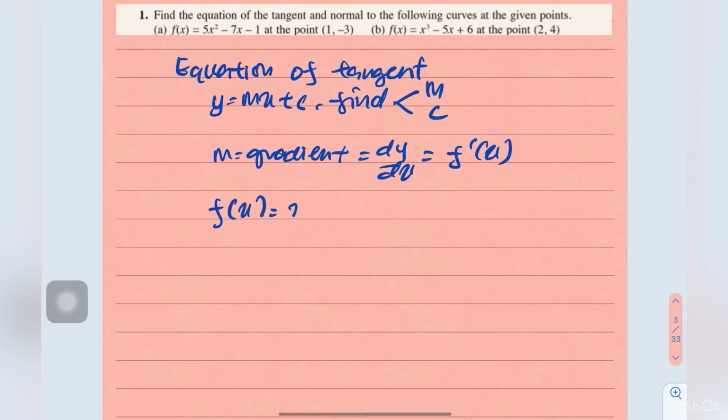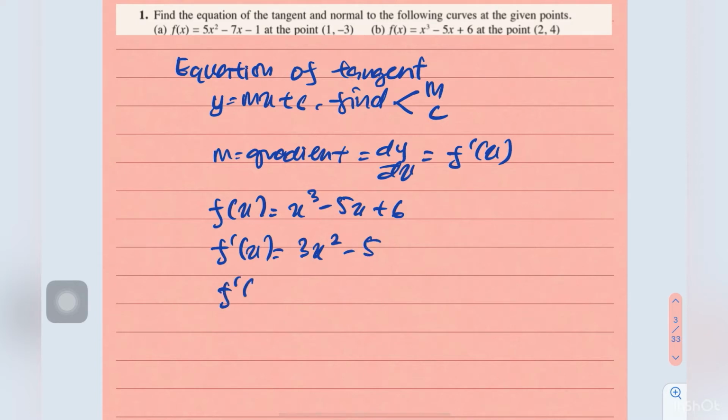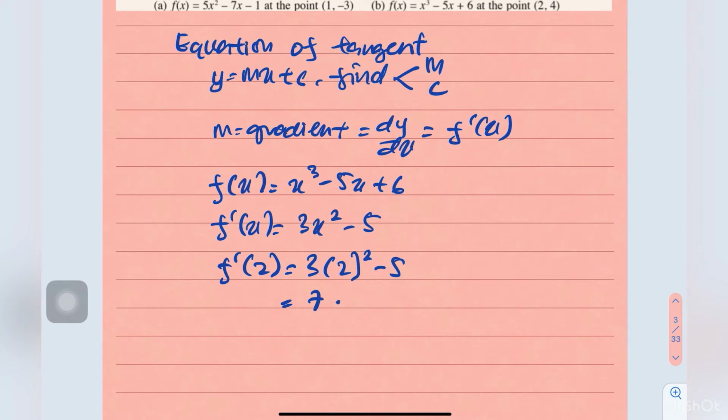f(x) is x cubed minus 5x plus 6. f prime x is 3x squared minus 5. We have x is 2, so 3 times 2 squared minus 5, which is 12 minus 5, 7. So the gradient is 7.